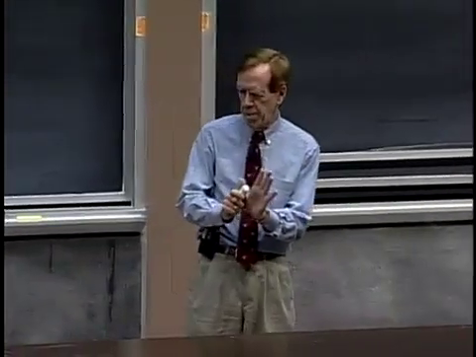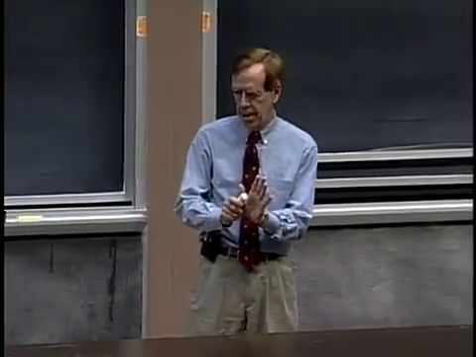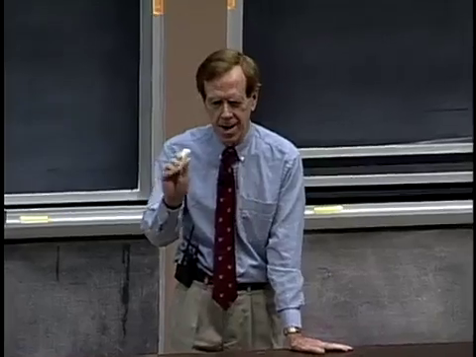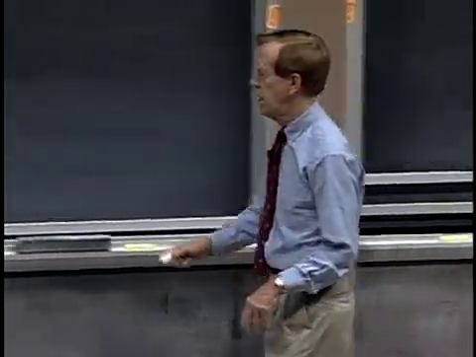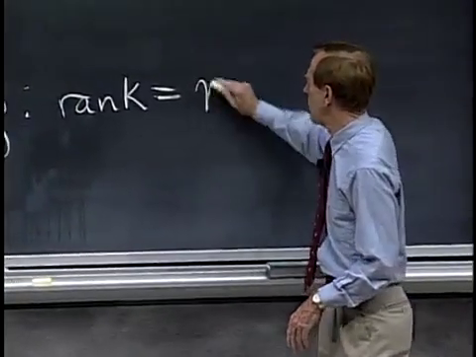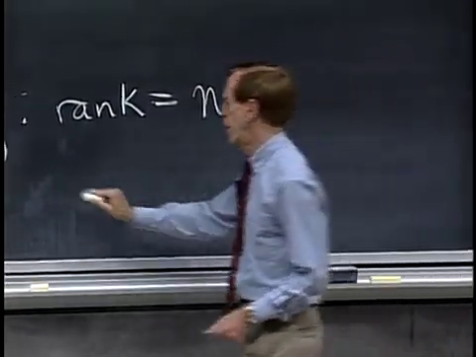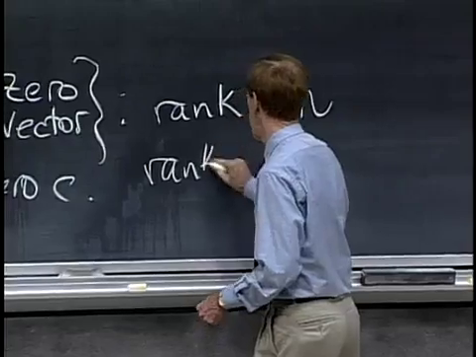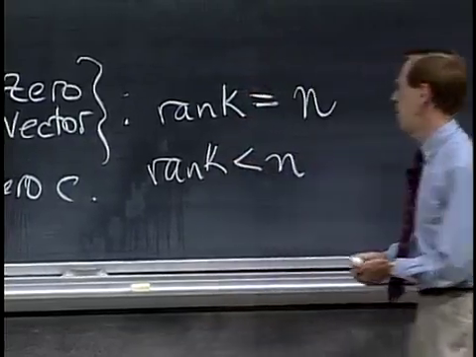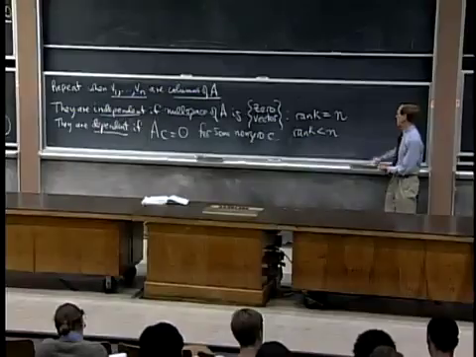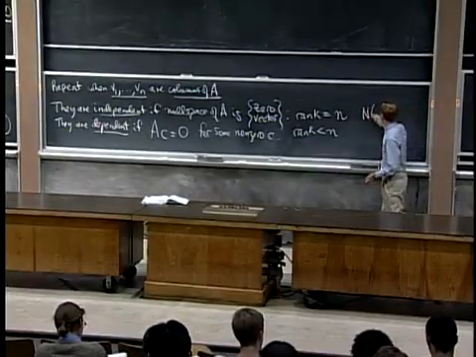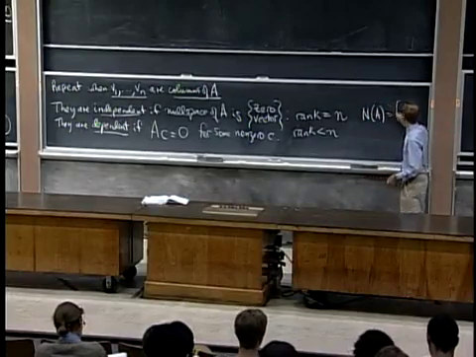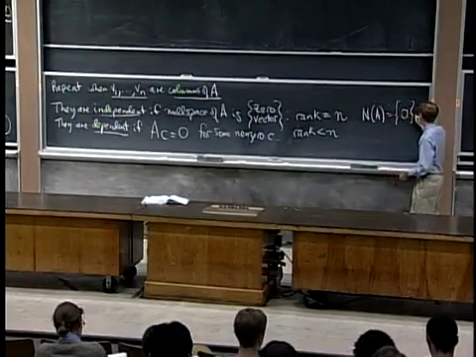All the columns would be pivot columns, because free columns are telling me that they're a combination of earlier columns. So this would be the case where the rank is n. This would be the case where the rank is smaller than n. So in this case, the rank is n, and the null space of A is only the 0 vector.